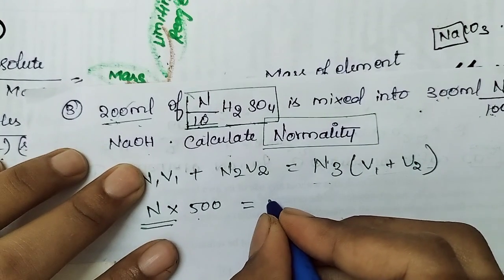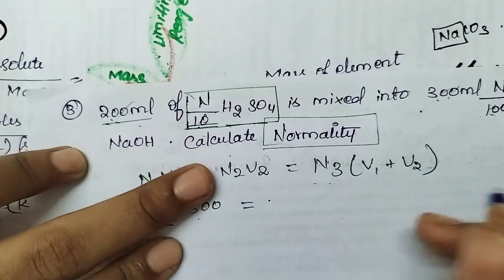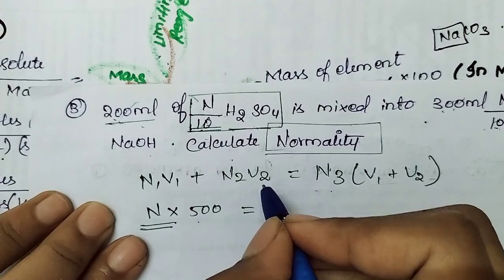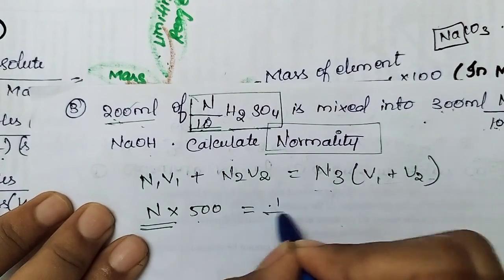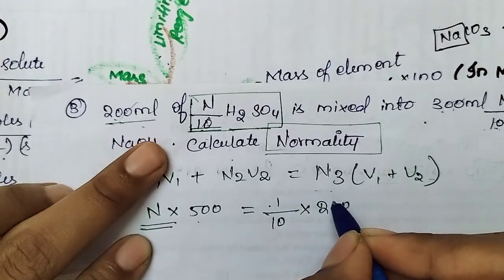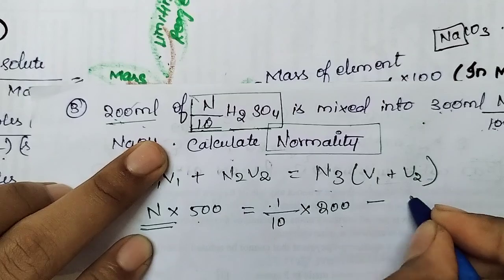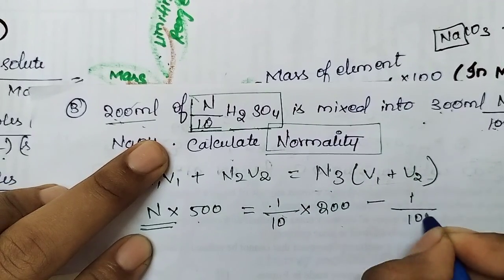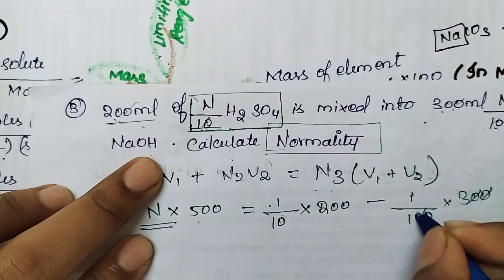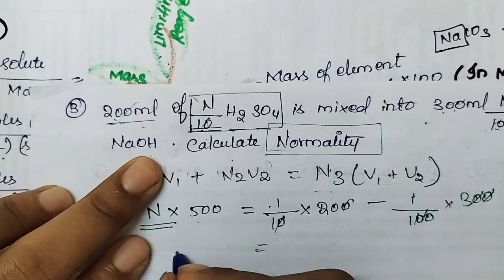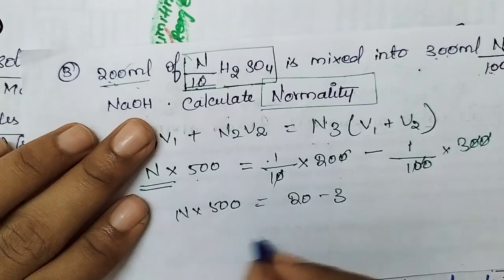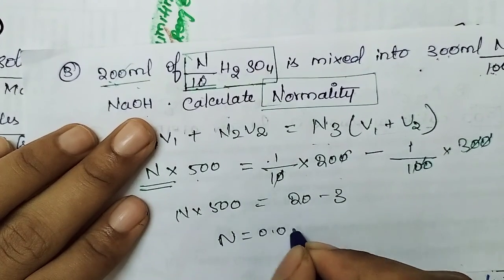So gram equivalence of acid minus gram equivalence of base gives the total normality. So N into 500 equals 20 minus 3. By solving this, we get 0.034.